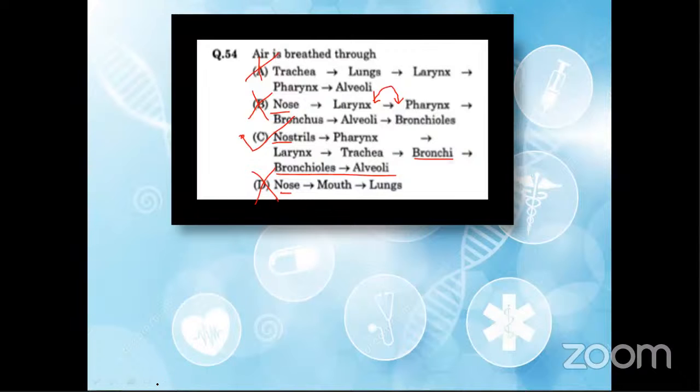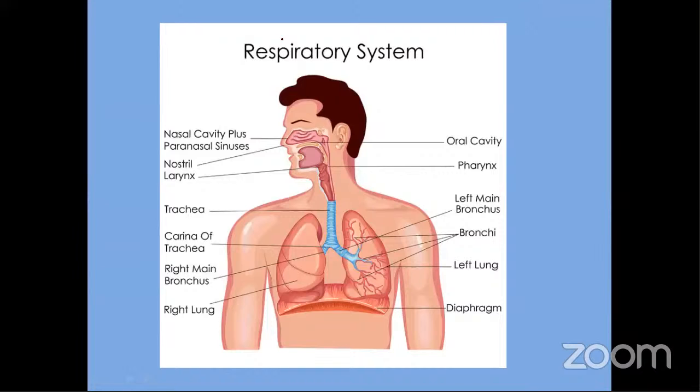Okay. Now let's see the diagram and have more questions related to it. Okay. That's what we are going to do. चलो nostril से start होता है. Then comes the pharynx and the larynx and then the trachea. Okay. Now, there's always a confusion. पहले pharynx आता है कि larynx आता है? होता है कि नहीं people? क्या आता है तुम लोग को? होता है कि नहीं confusion? नहीं होता.